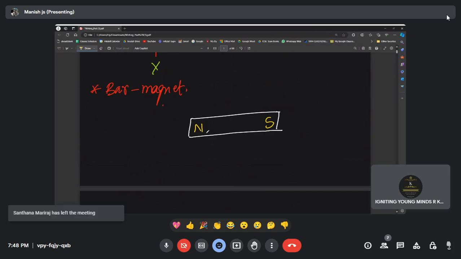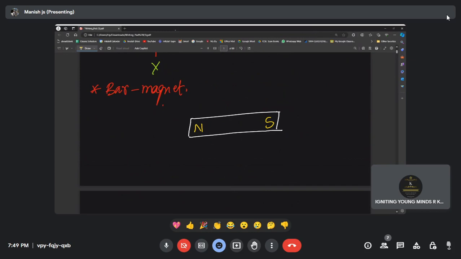Typically north is given a red color and south is blue in color. The way it is manufactured, the color is given so that it is easy for us to identify.